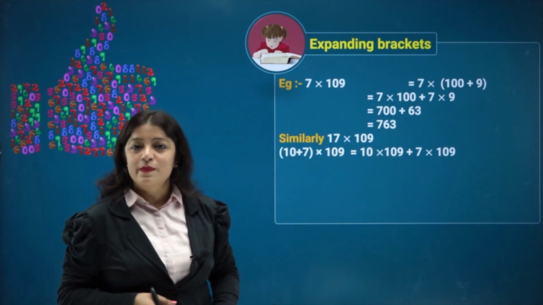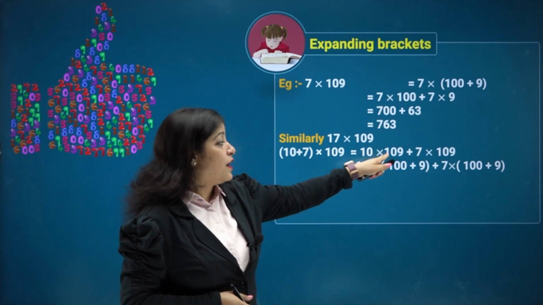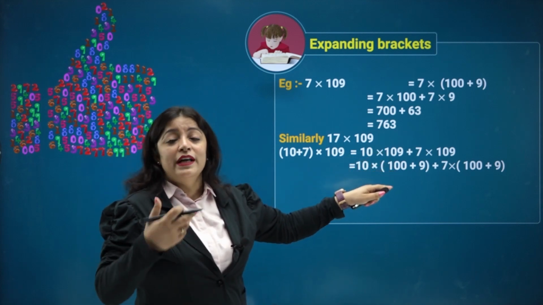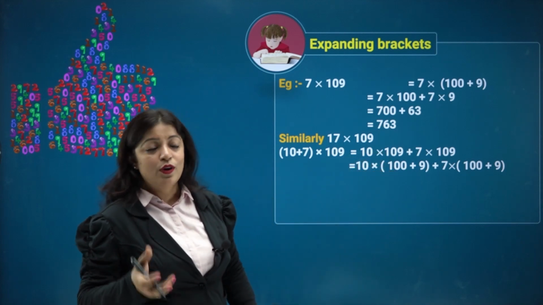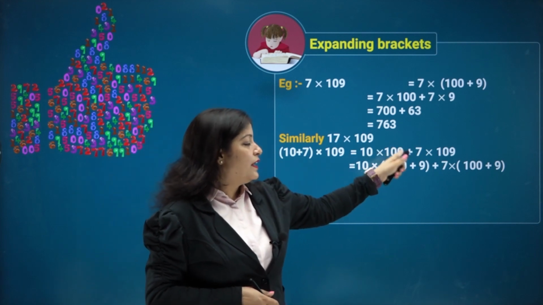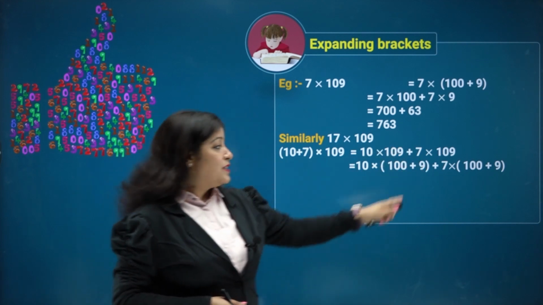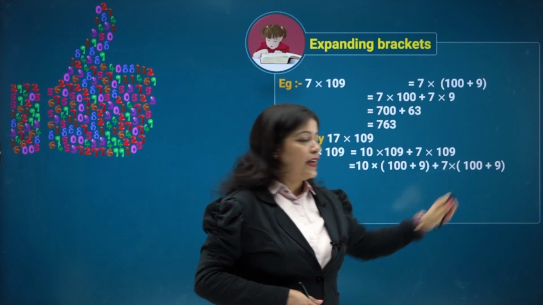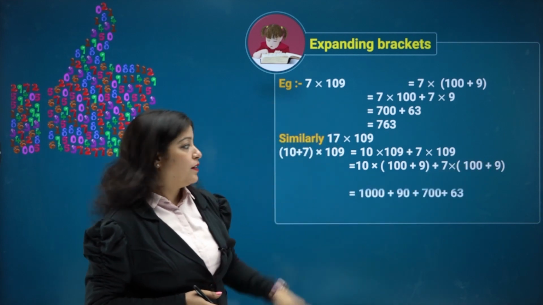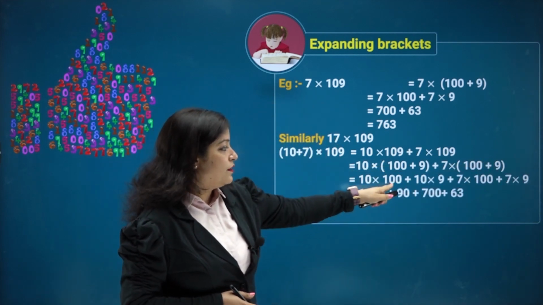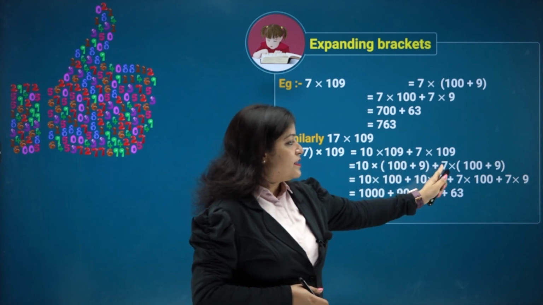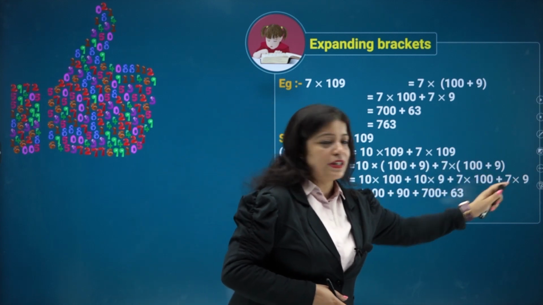Now you need to do this multiplication. 7 times 109 again, you may directly write the answer, but you can also split 109 as 100 plus 9. Similarly here also 100 plus 9. Now see what answer you get. 10 times 100, 10 times 9, 7 times 100 and 7 times 9.